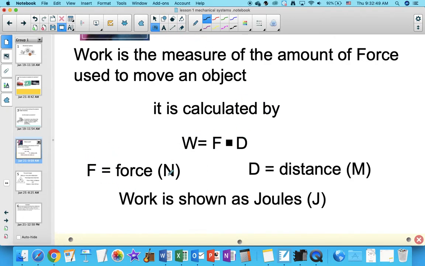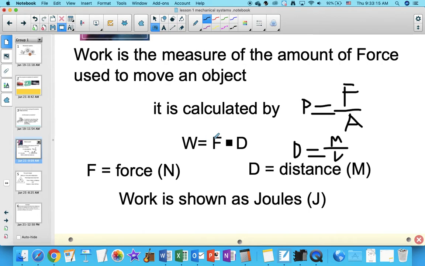And we've done similar calculations like this before, right? We've done pressure equals force over area, right? We've done density, which is mass over volume. In this case, we're not dividing, we're multiplying.